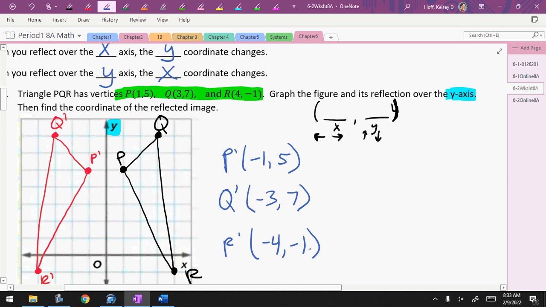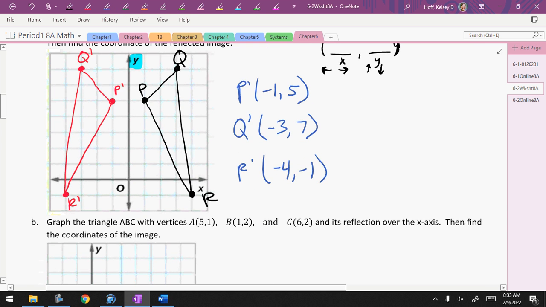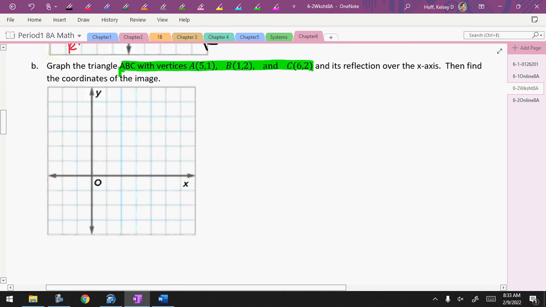Okay. Let's try another one. Graph this triangle on the bottom. Graph your triangle on the bottom.